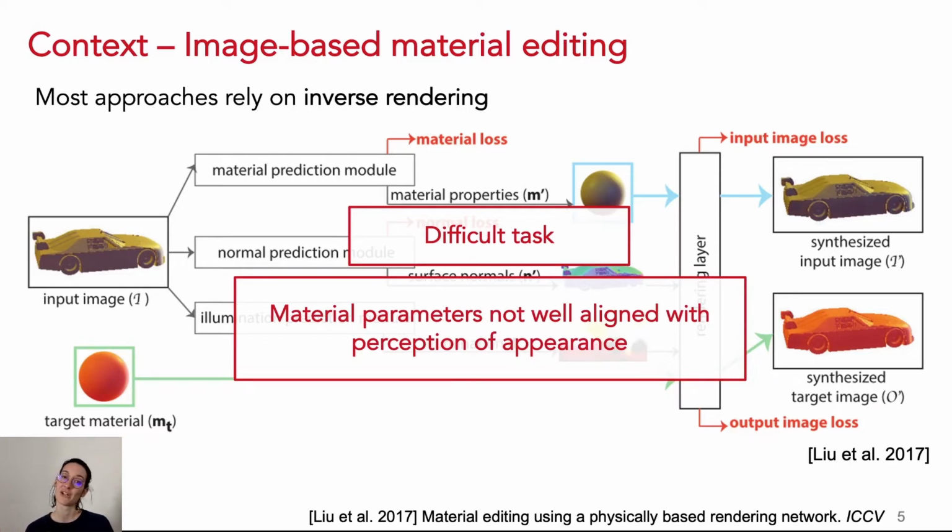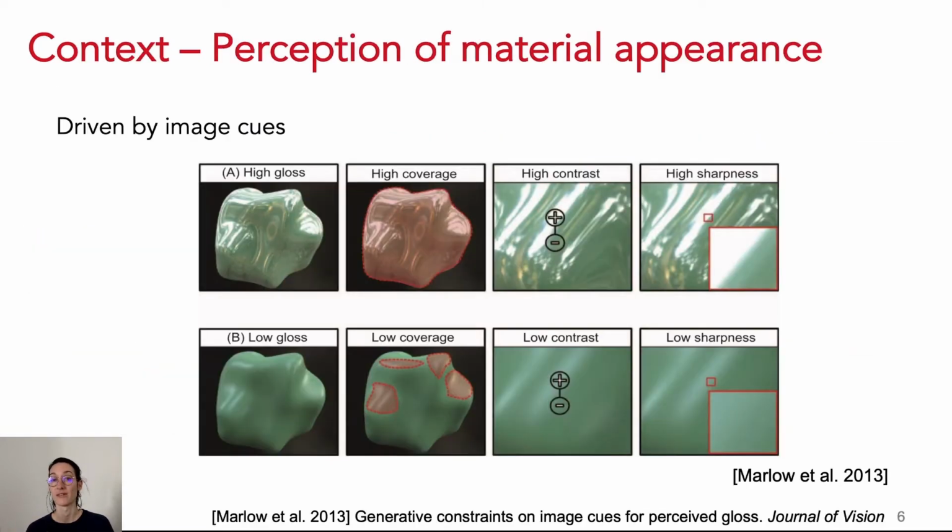So instead of relying on inverse rendering, we try to take advantage of human perception of material appearance. It seems that our perception of material appearance is actually driven by image cues, such as, for example, the coverage, contrast, and sharpness of reflections that is linked to the glossiness of an object.